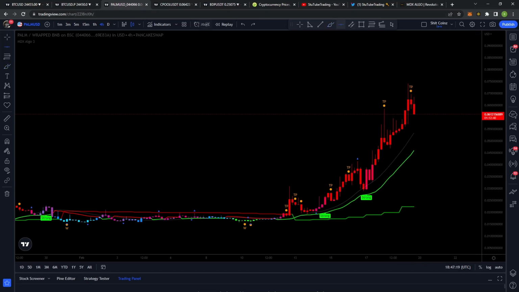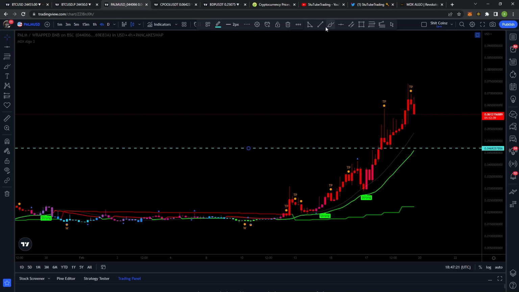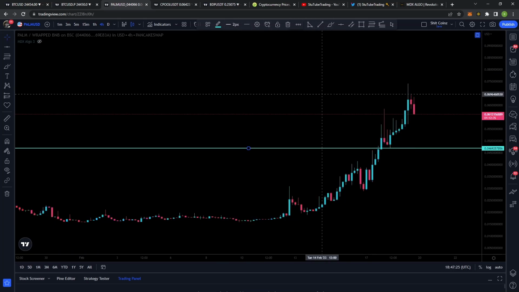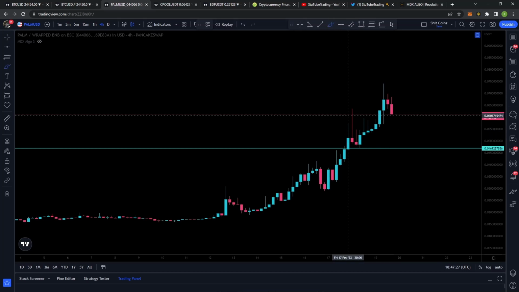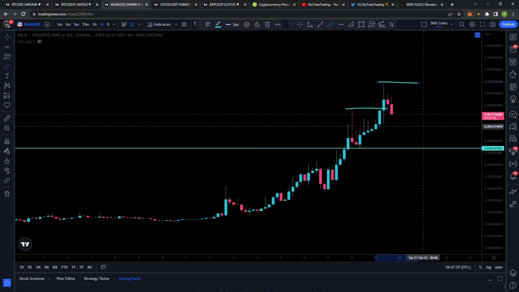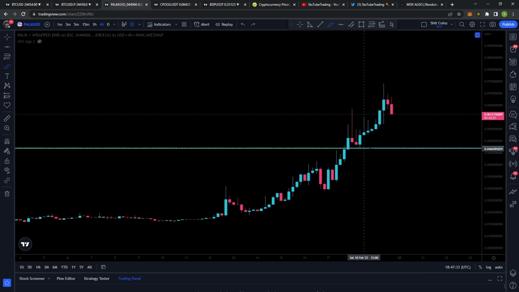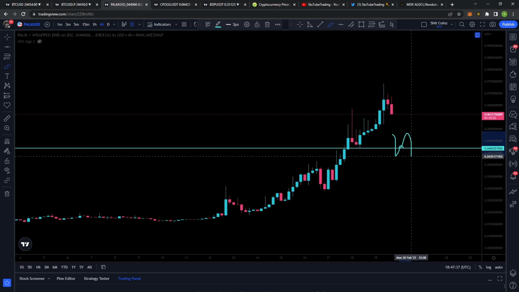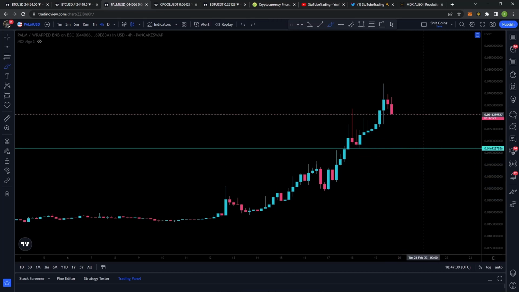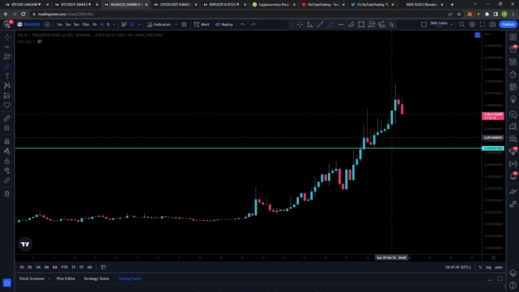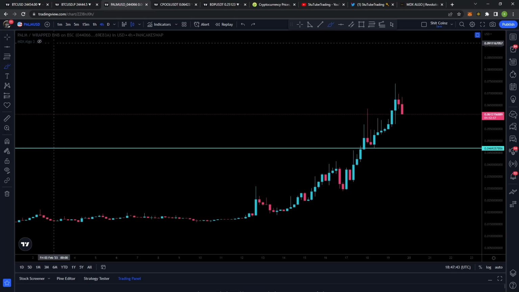So just be cautious if we start to lose levels like that, for example. Looking at it from a technical point of view, we had a high here, higher high here. I'm looking at this level as our higher low currently on the 4-hour. If we start closing 4-hour candles below that level, I'm going to assume that Palm is going to go for a little bit of a tumble, but we're going to have to see what happens there. Just a bit of a warning level there.